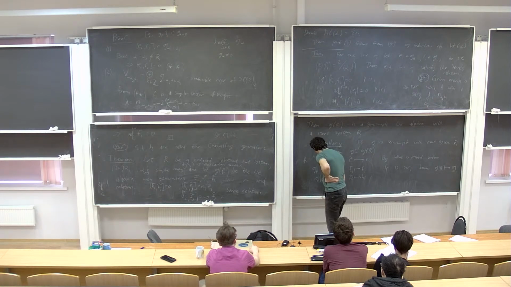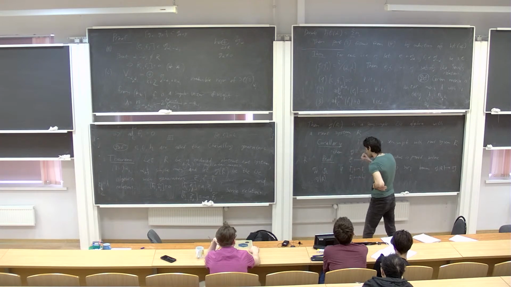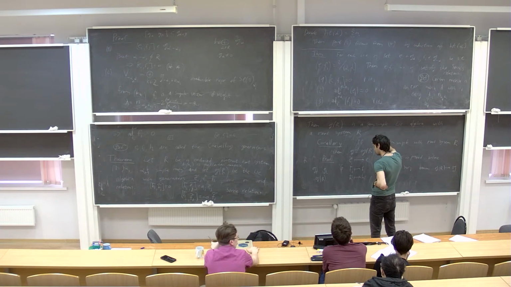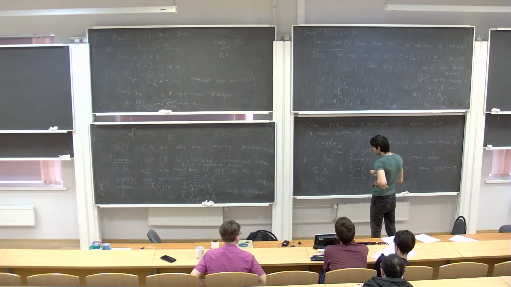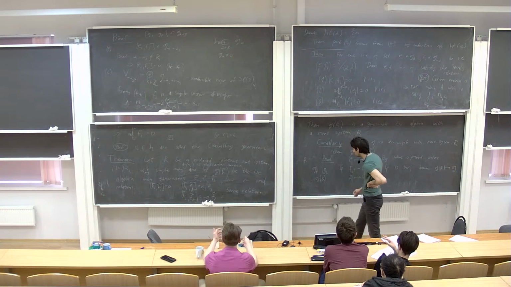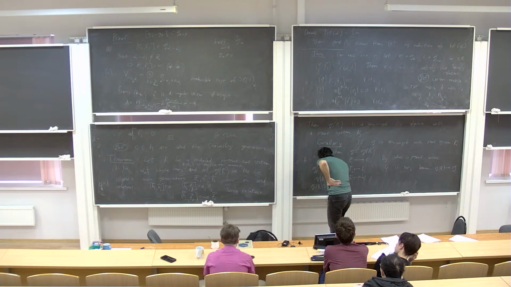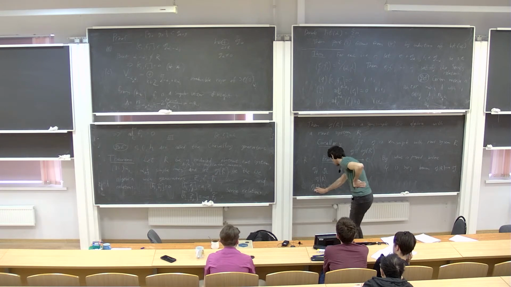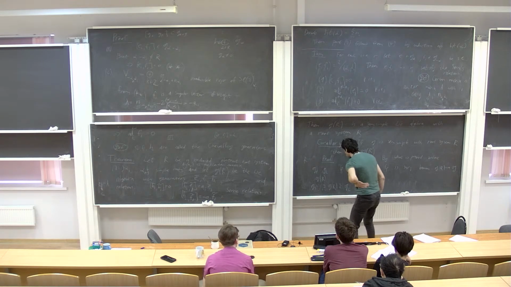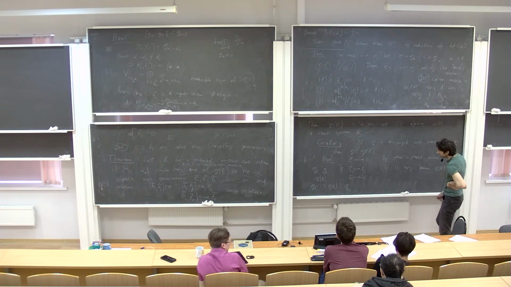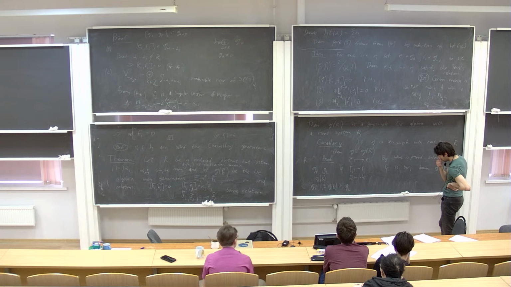So G1 is isomorphic to G of R, and that is isomorphic to G2.